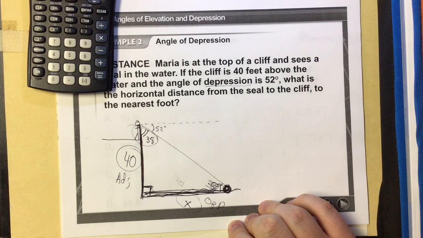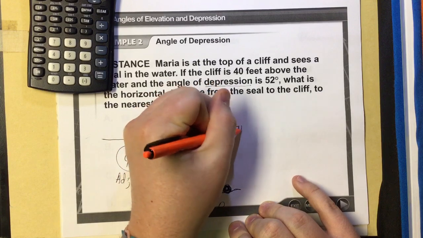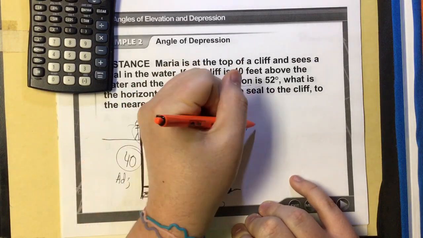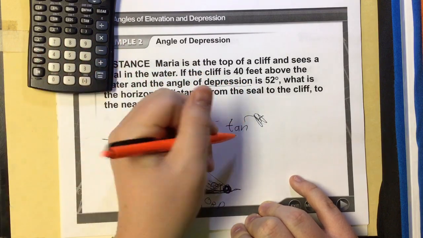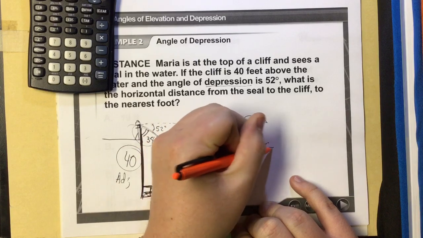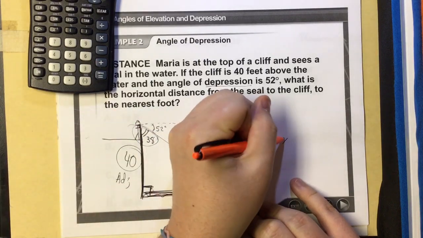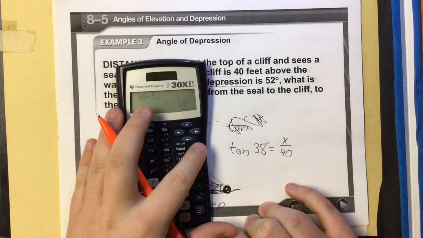Opposite and adjacent. SOHCAHTOA, tangent is opposite over adjacent, so tangent of our angle, tangent of 38, is equal to opposite over adjacent. Tangent of 38 equals X over 40.